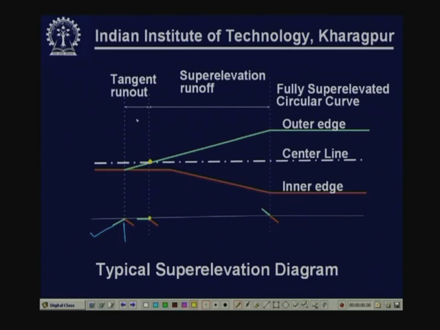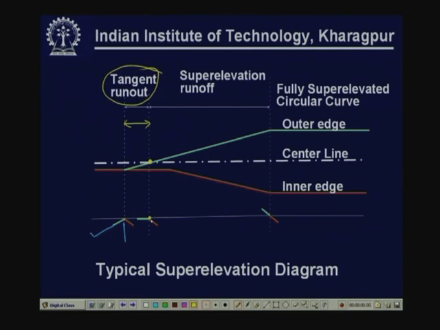So, this length of road from the normal cross section to this cross section where the outer edge is made flat is known as tangent runout.